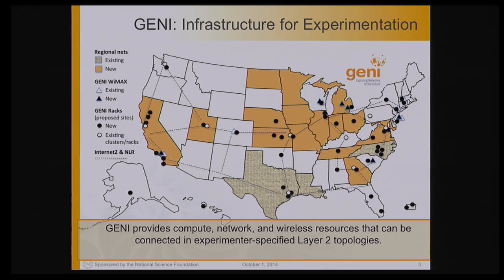And there were two core networks that were providing nationwide spanning connectivity. That was Internet2 and National LambdaRail. As you may know, National LambdaRail is no longer operating, so the core of the network is now just provided by Internet2.